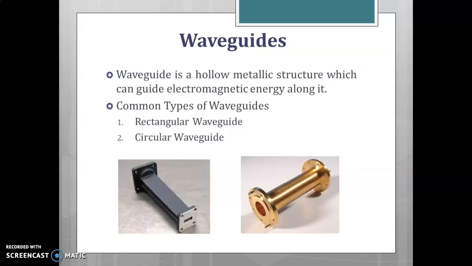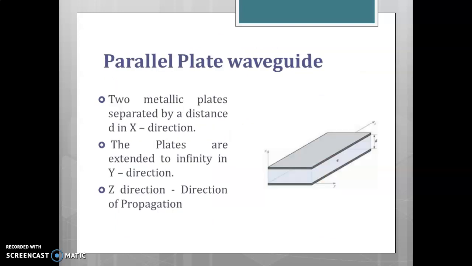Apart from these two, there is one more simplest form of waveguide called a parallel plate waveguide. This waveguide consists of two metallic plates separated by a distance d, and these plates have an infinite length in the y direction, and the direction of propagation is assumed to be in the z direction.